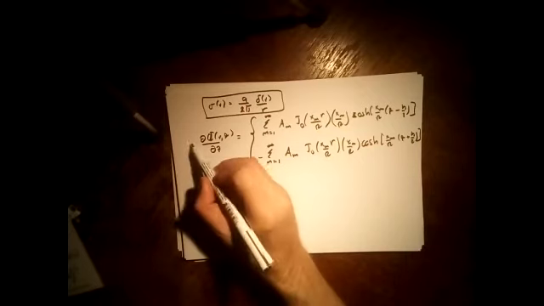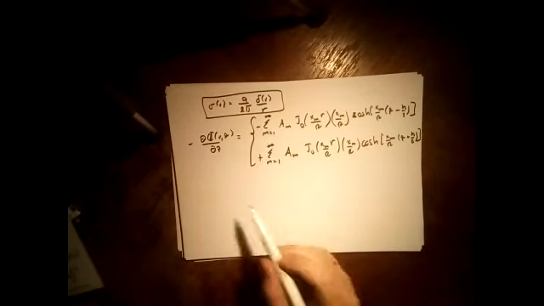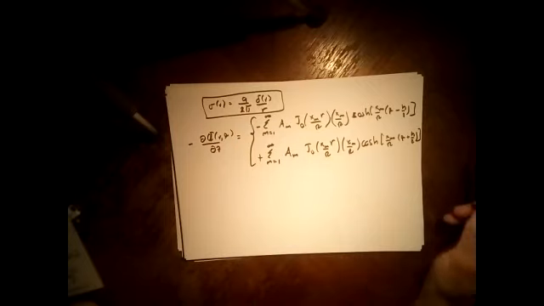I can multiply this by negative 1, and then what I have in each place is actually the electric field.